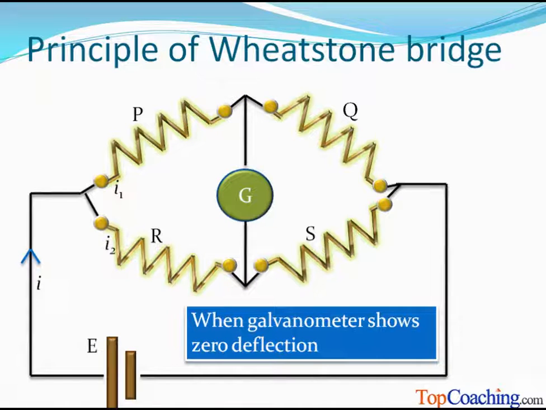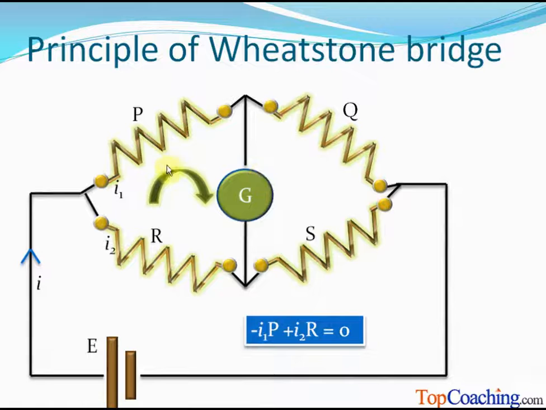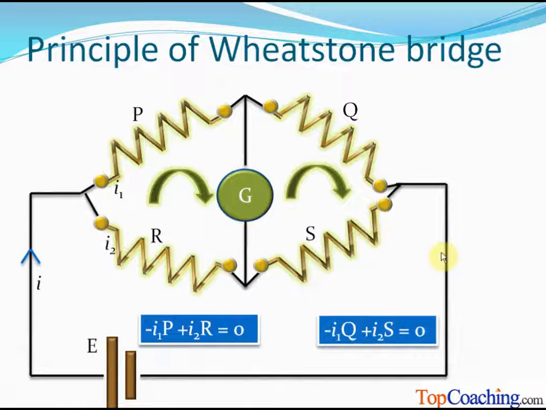Now suppose that the galvanometer is actually showing 0 deflection. In that case, we can apply Kirchhoff's law in the loop containing P and R. As you can see, minus I1 into P plus I2 into R is equal to 0, isn't it? That is simple Kirchhoff's law. Similarly, we can apply Kirchhoff's voltage law in the second loop.